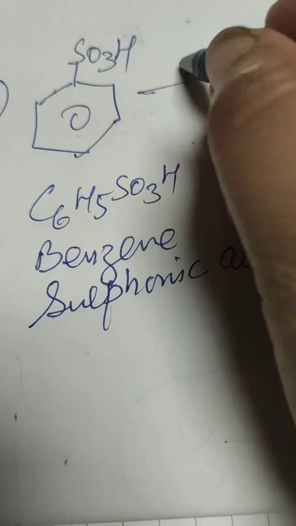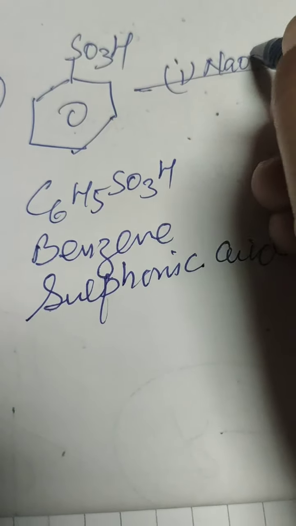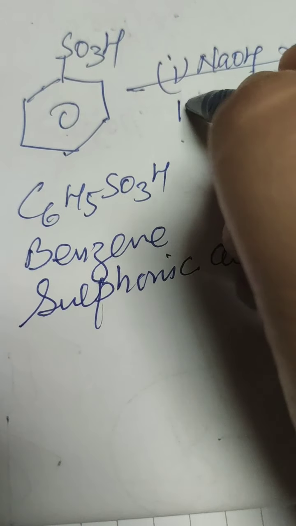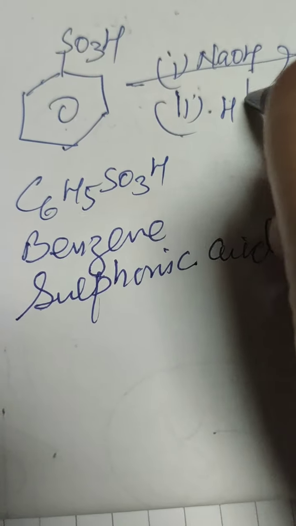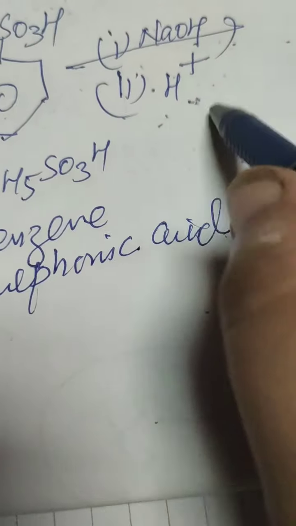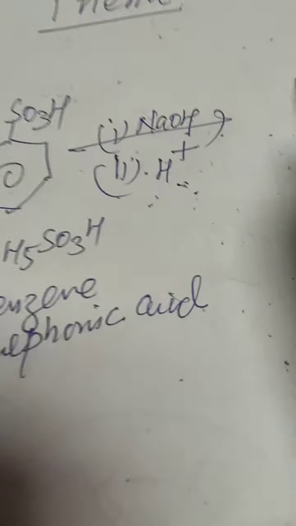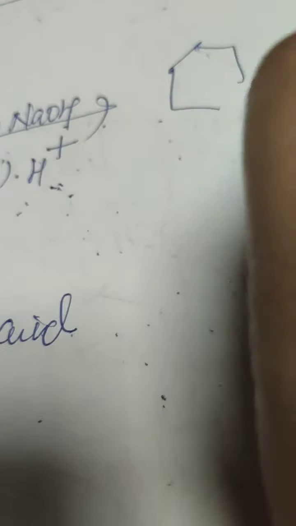When treated with NaOH, and then an acid, since this H ion shows the presence of an acid, it is converted into phenol. This is the third preparation for phenol.